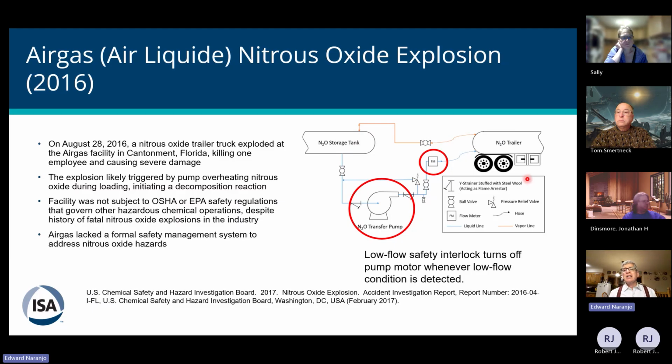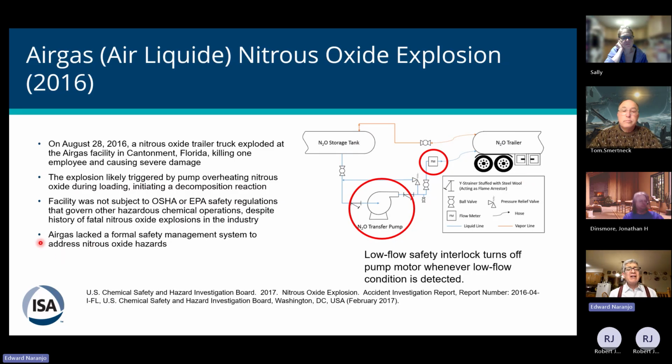But again, this is a very small facility. Typically, the volumes for single 18-wheelers do not fall into this category. Again, it didn't fall under OSHA, didn't fall under EPA.